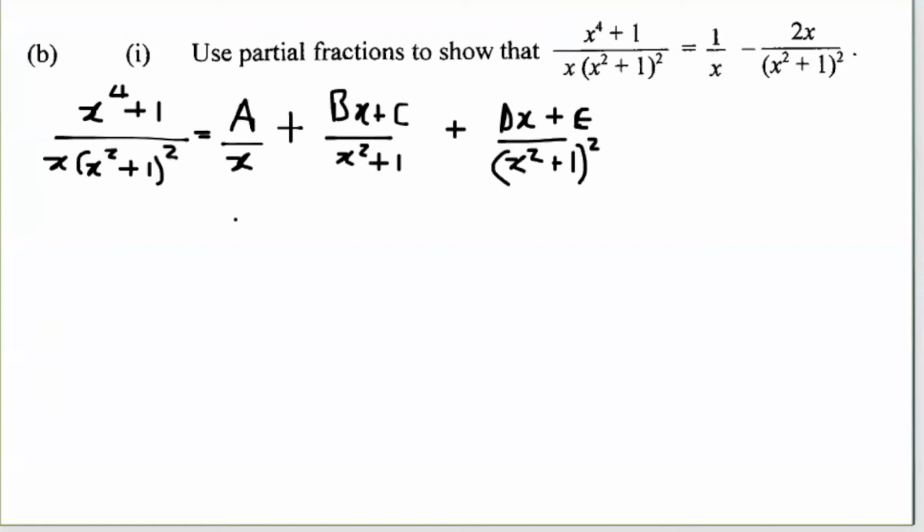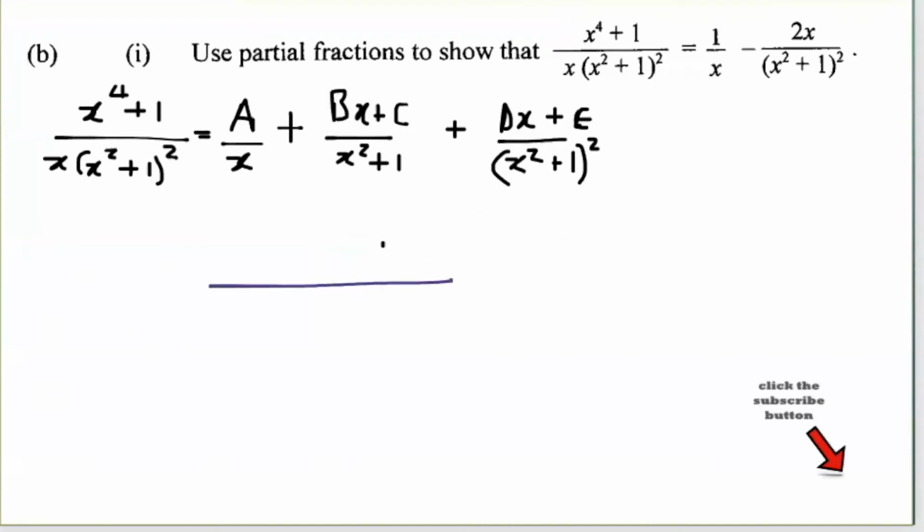So it's not like x plus 1 all square, where we know as a partial fraction, I can rewrite this as a over x plus, then I'll have b over x plus 1, and we know a repeating factor, I'll have c over x plus 1 all square. Now because I have x squared plus 1, it's not able to be factorized, so that's why I have bx.